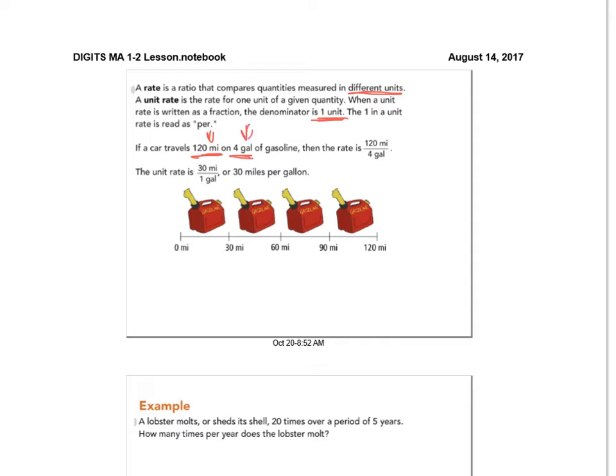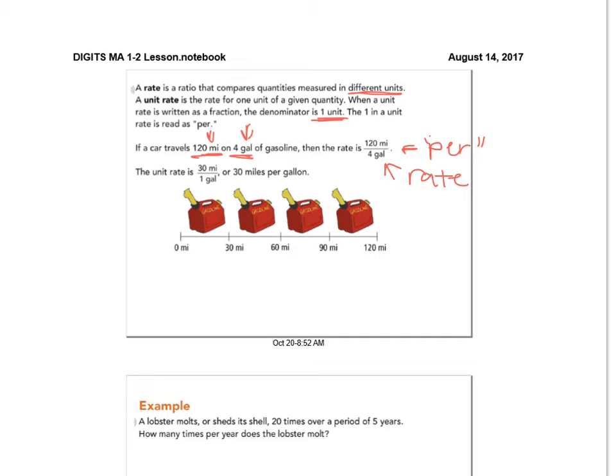So when you read that, you say it's a rate of 120 miles per 4 gallons. So this little line, our fraction bar, when you read it, you say per. All right, so that's just a rate. So this right here is a rate.